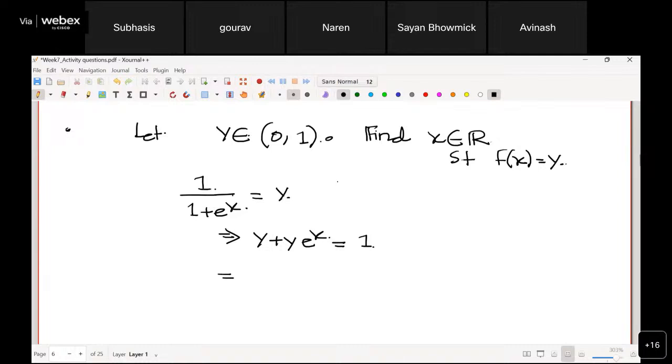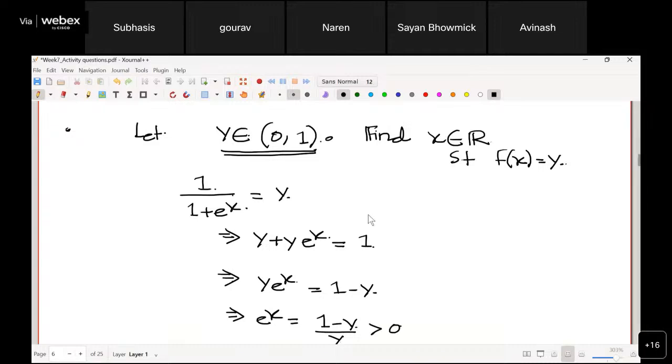Yes, sir. So y, try to remember, is in this region, 0 to 1, in this interval. So e power x equals 1 minus y by y. If y is in this region, then 1 minus y is positive, right? Then 1 minus y by y is also positive.